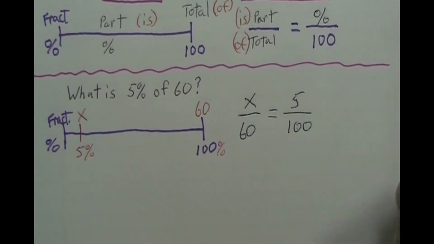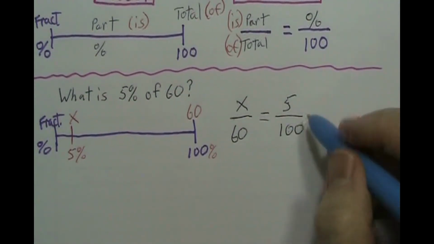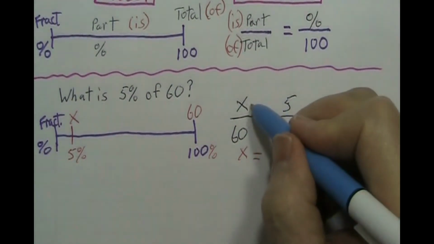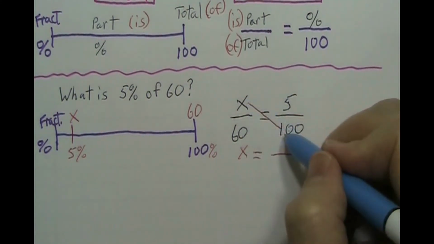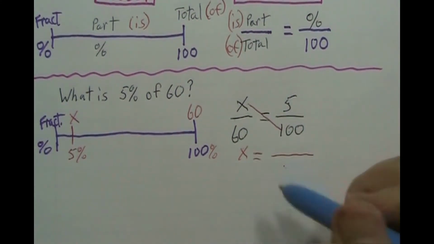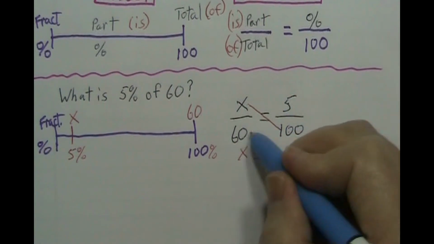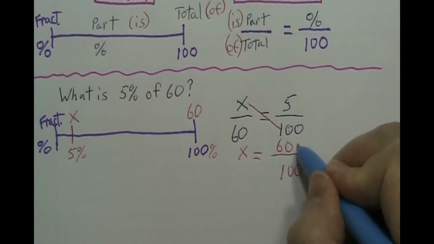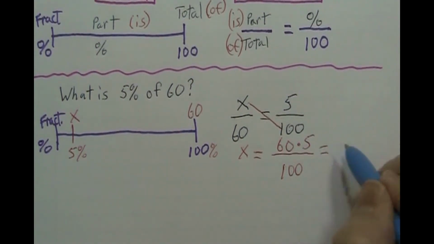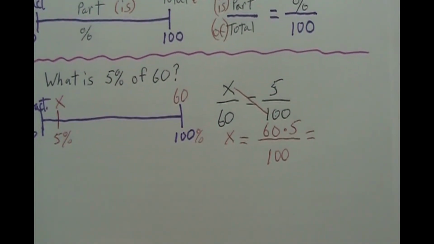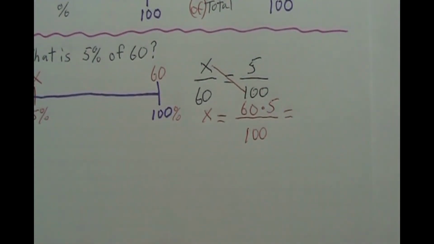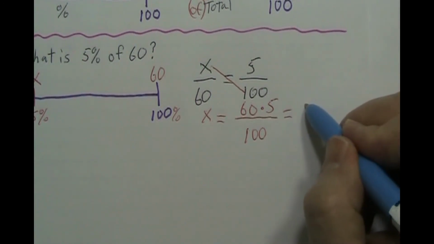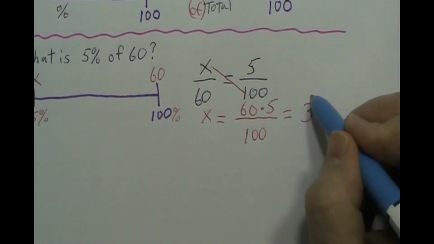So what do we do from here? X equals, and you remember, whatever is diagonal of X goes on the bottom, and the other two go on top. That's a times 5, and then you can find your answer from there. If you use a calculator, the answer should be 3.